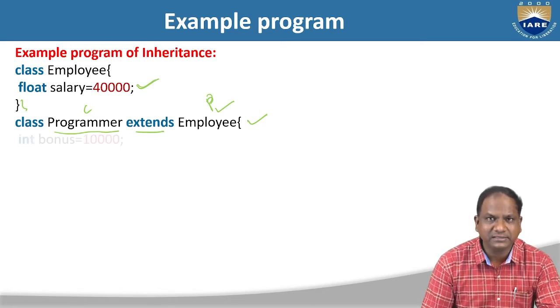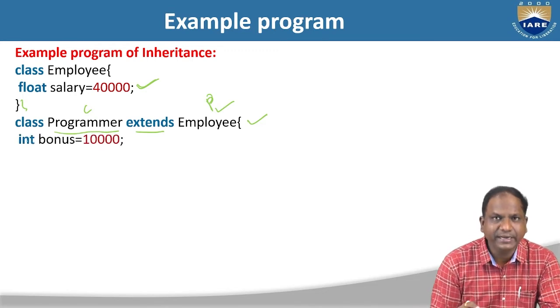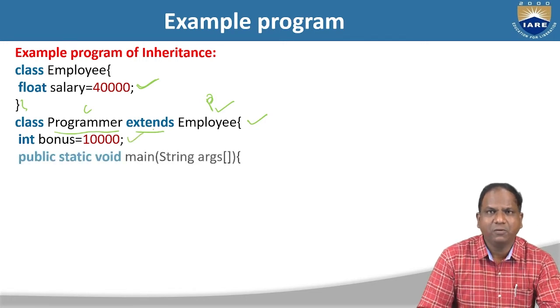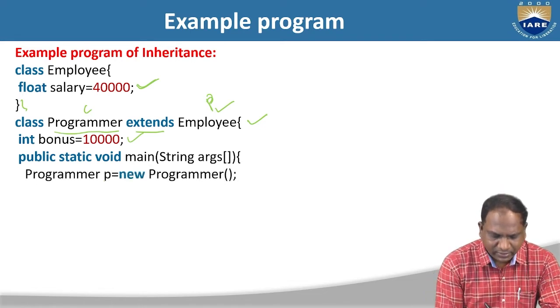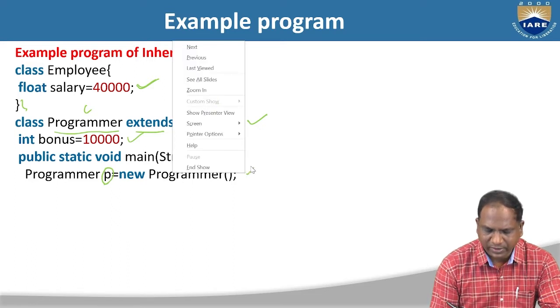And the Programmer has a variable called bonus, of type int, some 10,000. The value is given. Now the main method. I am creating an object of Programmer, where p is the name of the object, and new Programmer.